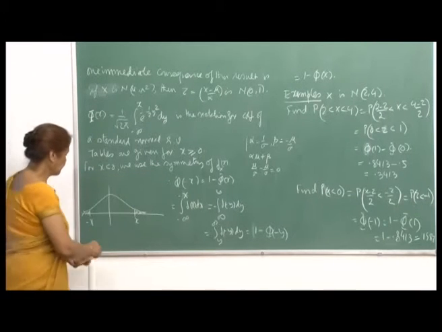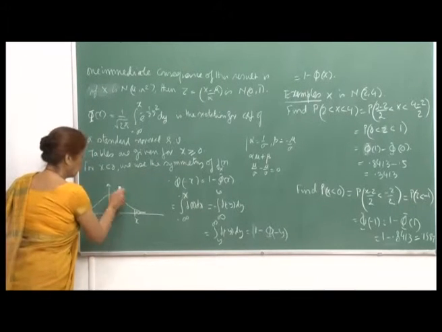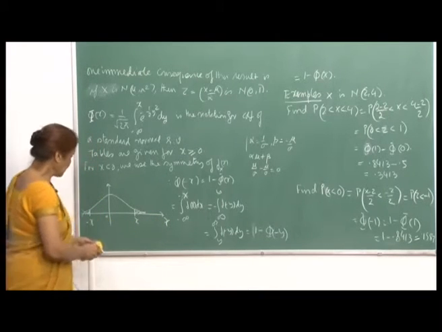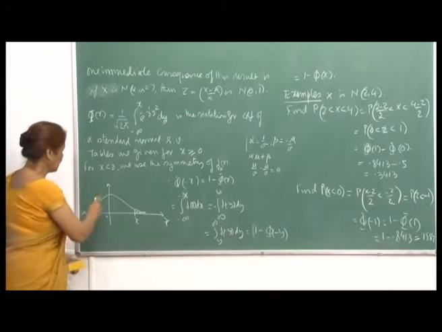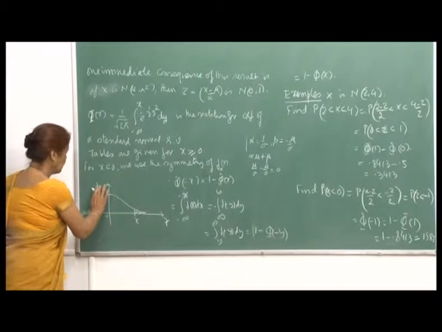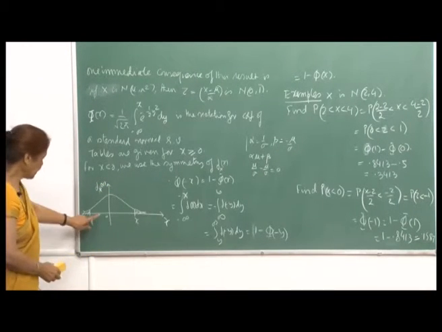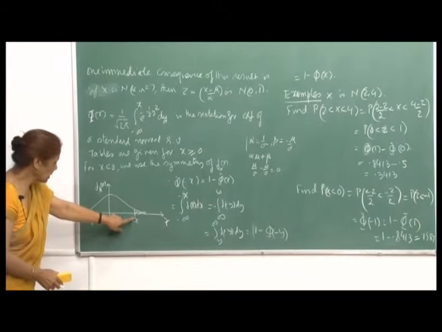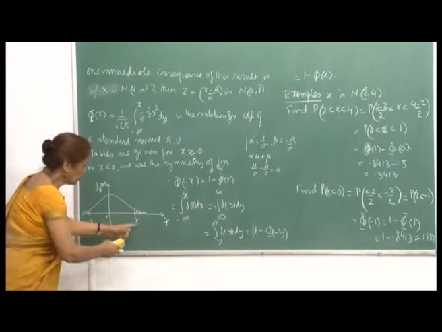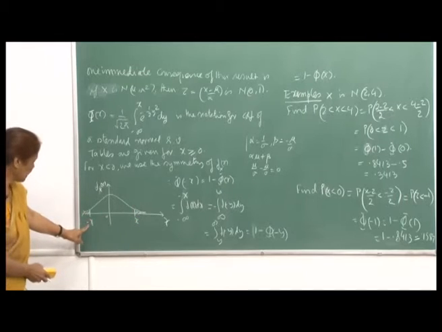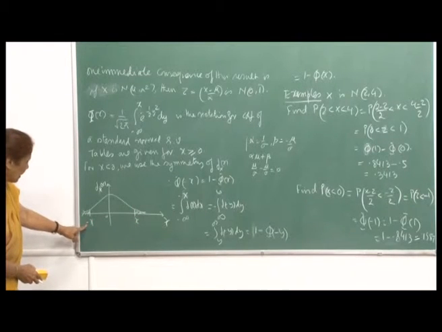This is symmetric about the origin, right. Now, the symmetry means that if you have x here, then the area to the right of this number is the same as the area to the left of minus x.